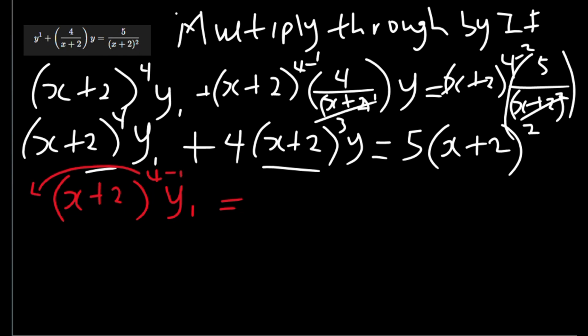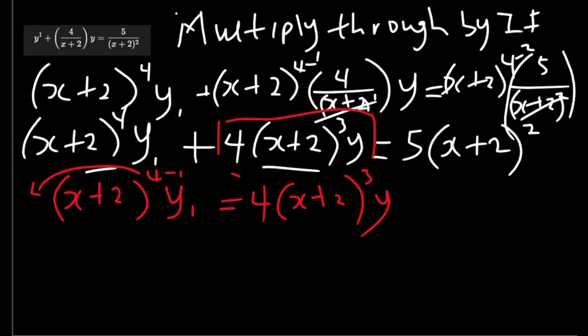So we get 4 into bracket x plus 2 to the power 3, and then y. So we can see that the second term is the derivative of the first term.